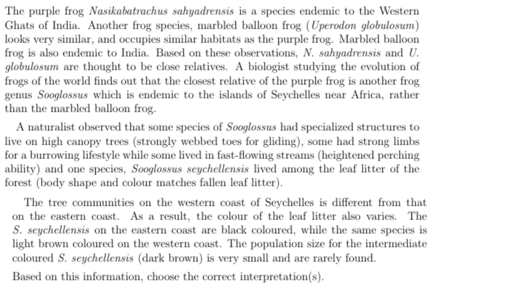Then next para. The tree communities on the southwestern coast of Seychelles are different from those of the eastern coast. As a result, the color of the leaf litter also varies. The seychellensis on the eastern coast are black colored, while the same species is light brown colored on the western coast. The population size for the intermediate colored S. seychellensis, that is dark brown, is very small and rarely found.